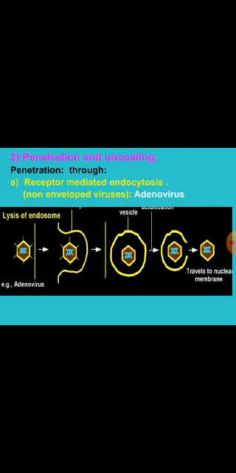This figure shows viral attachment to a specific receptor on the host cell. After that, penetration of the virus inside the cell. The penetration is through formation of a vesicle and endocytosis in the case of non-enveloped viruses.